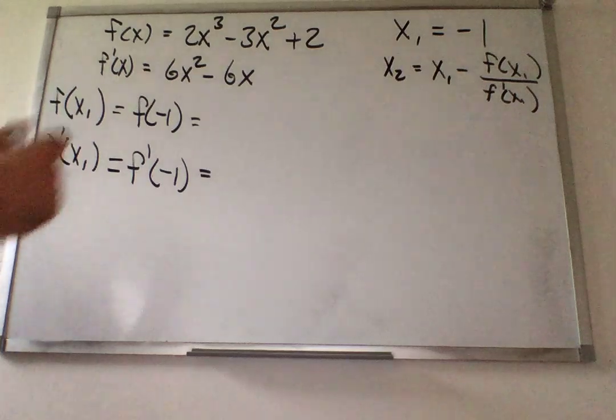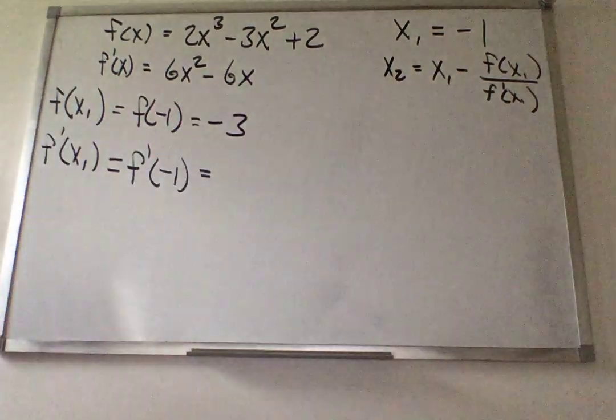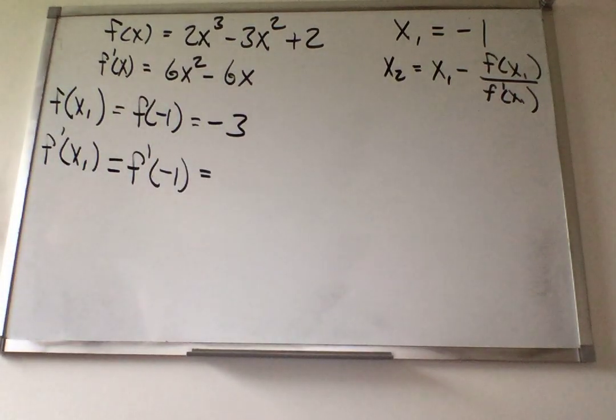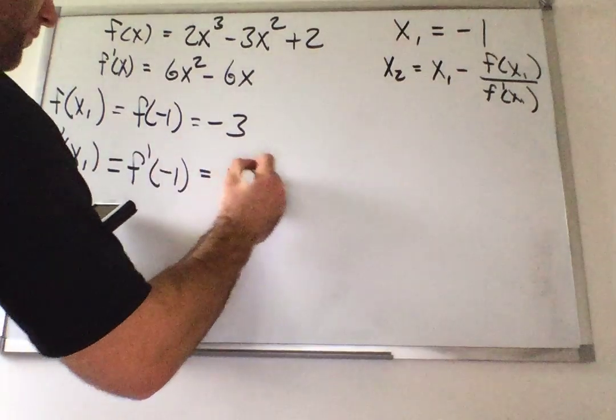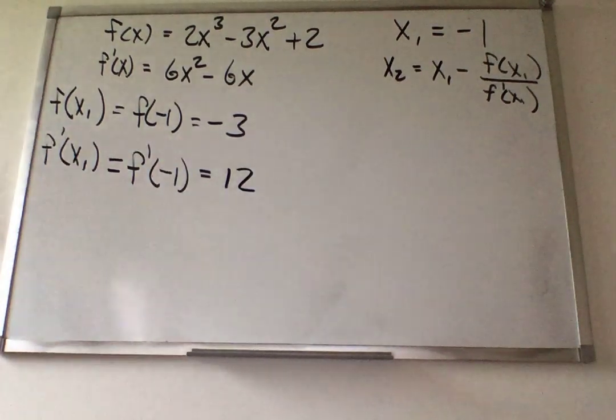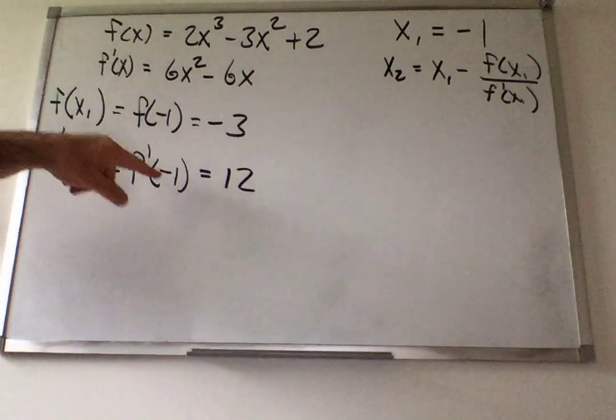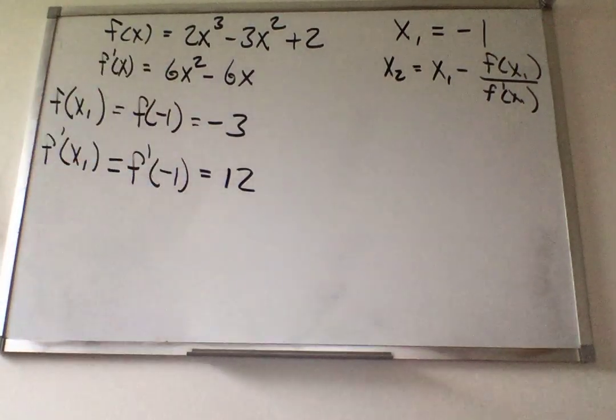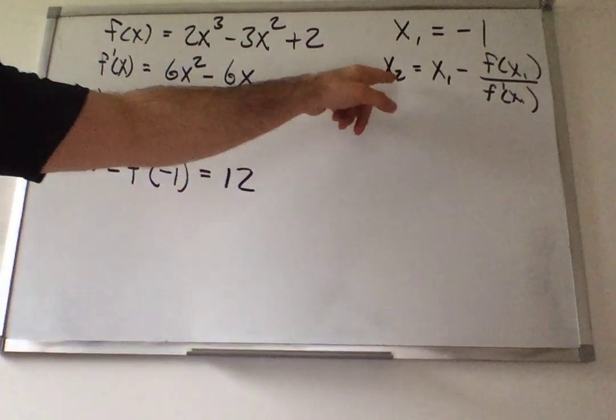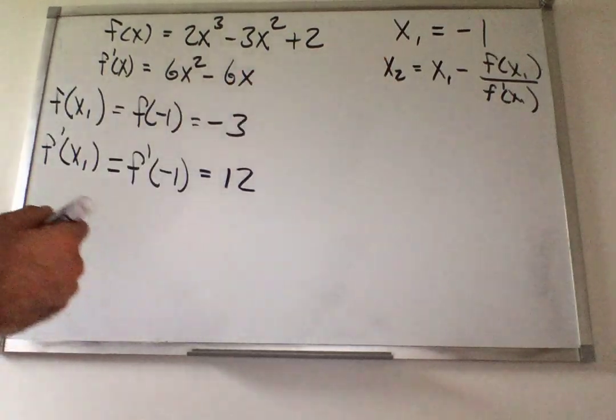You do get -3. I know I'm giving these values very quickly, but we will go over how to do them on the calculator. And that value is 12. So that's if I take these, plug them in, and output the values. So let's go ahead and calculate our second iteration.